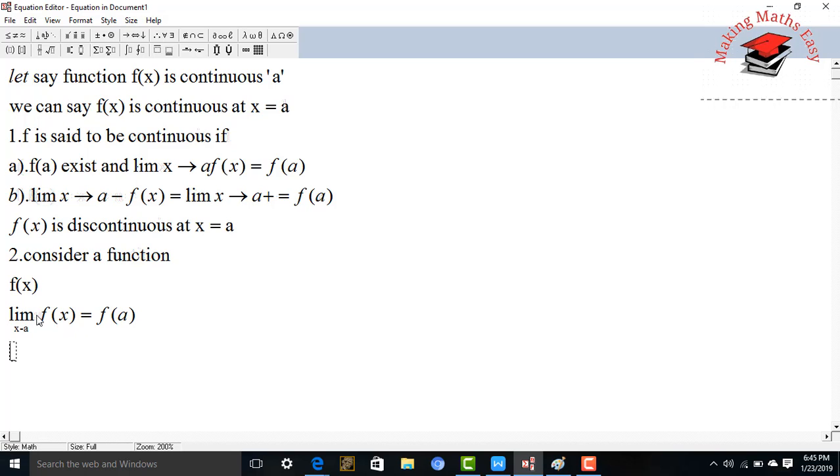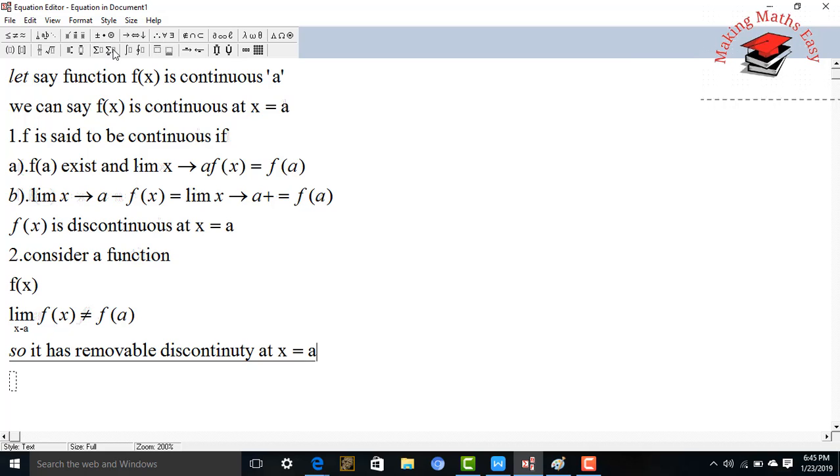So this is the first property. And if I say that lim of f of x is not equal to f of a, then we can say that f has a removable discontinuity at x equal to a.